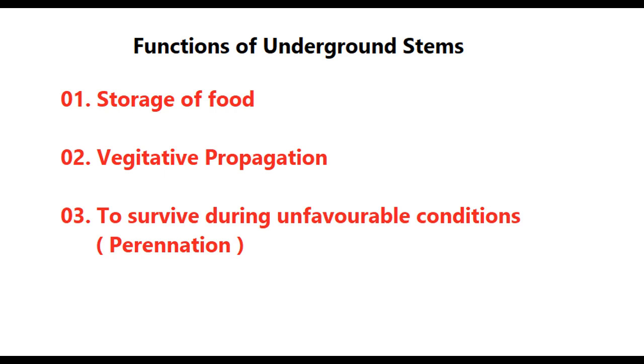So this process is known as perennation. Perennation means plants survive during unfavorable conditions. You're going to learn about this perennation in the other lessons as well.